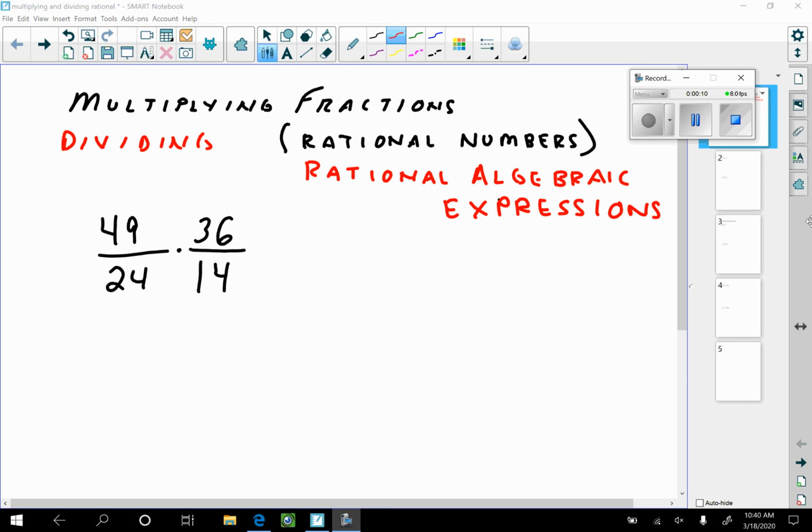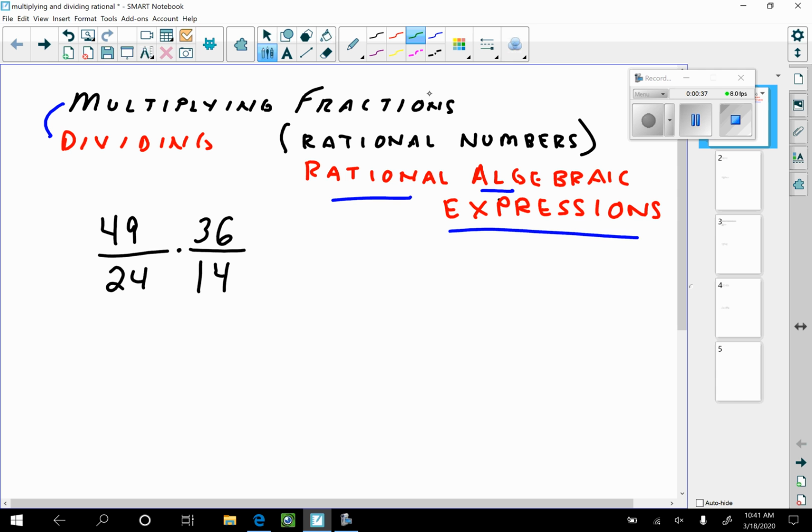Today we're going to talk about multiplying and dividing rational algebraic expressions. We're going to start this topic off by doing some review of multiplying fractions, or just rational numbers, which is another word for fractions.